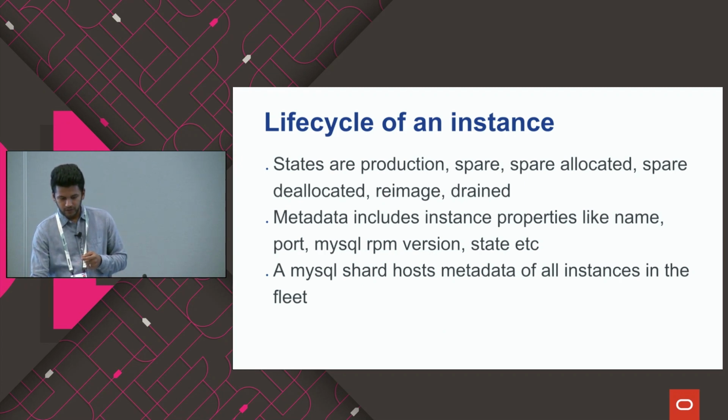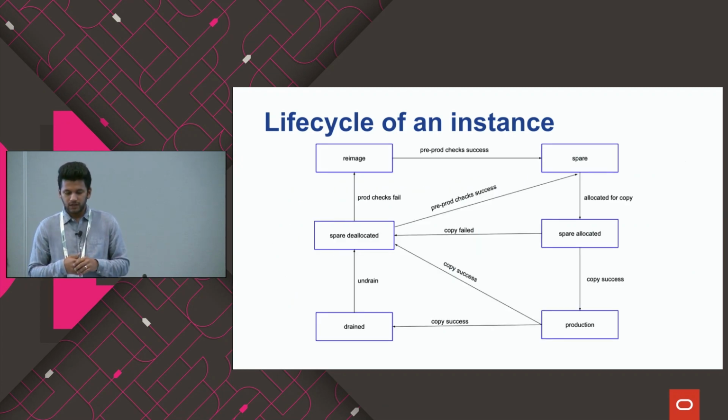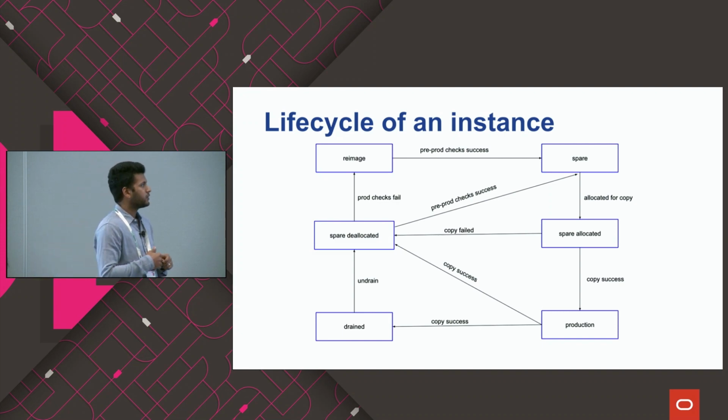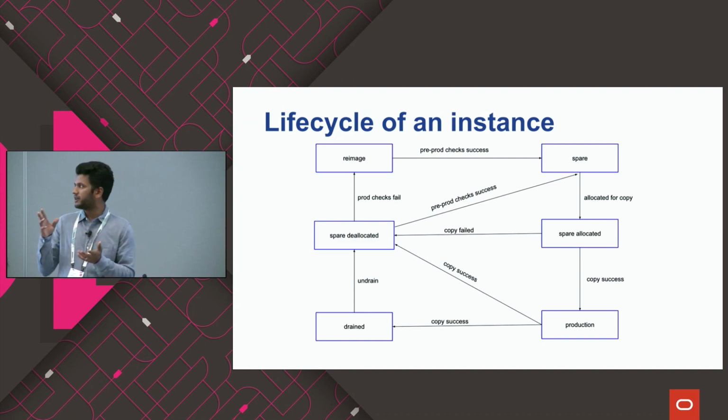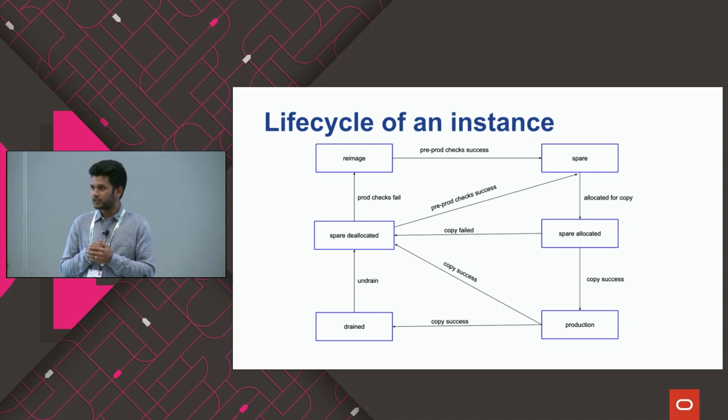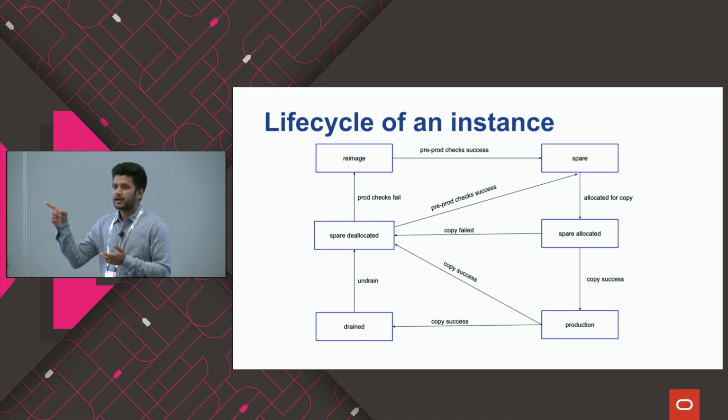Okay. So let's walk through a couple of use cases here. This is roughly a state transition diagram, and each of these states has an asynchronous processor, which basically handles an instance in that state.